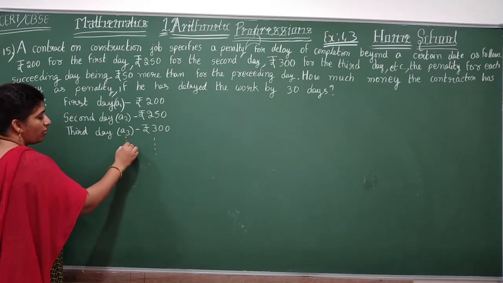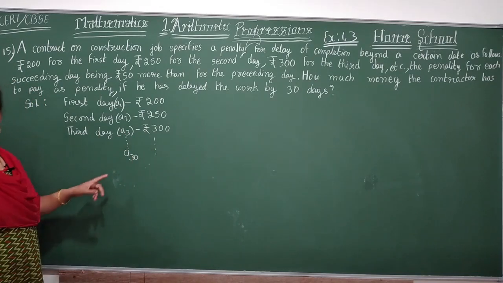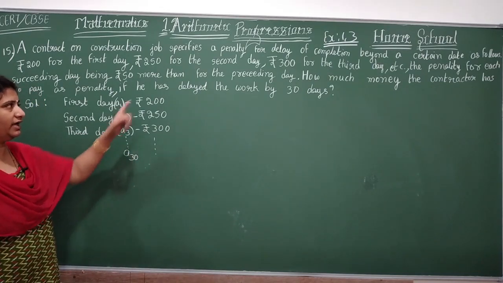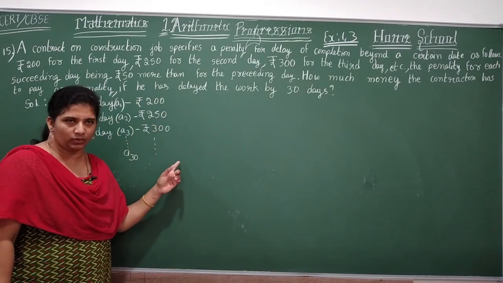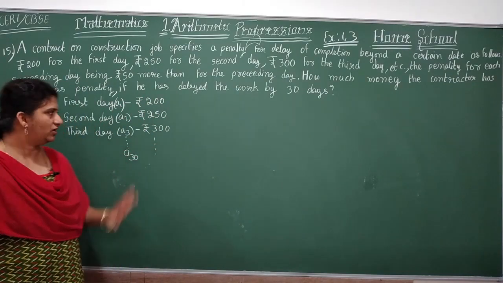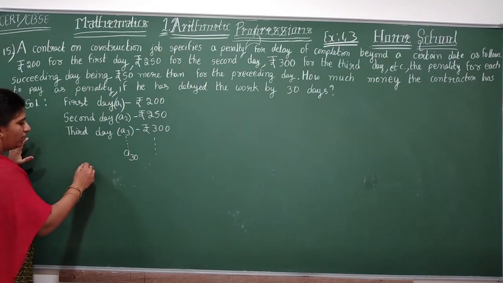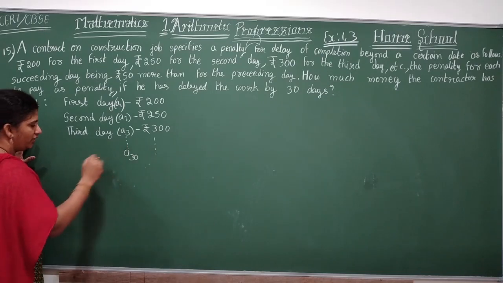Up to how many days? Up to A30. Why A30, children? 30 days he has delayed the work, so he will be paying the penalty for 30 days. So let's write this in sequence order. A1, A2, A3, you write, no?